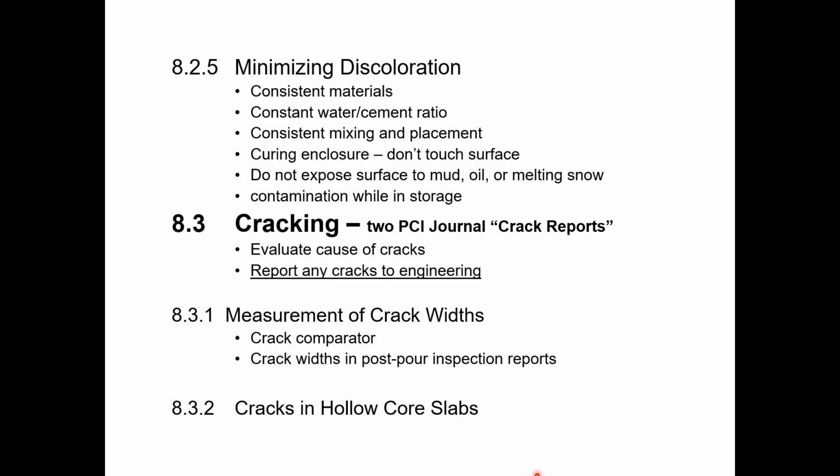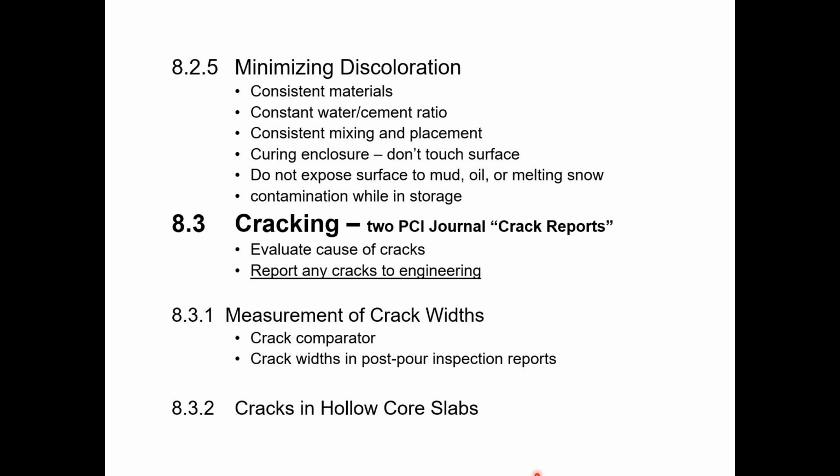On the left side, it's got little black lines of graded, varying width, all the way from 0.004 of an inch all the way up to 1/10 of an inch. So it gives you these black lines.